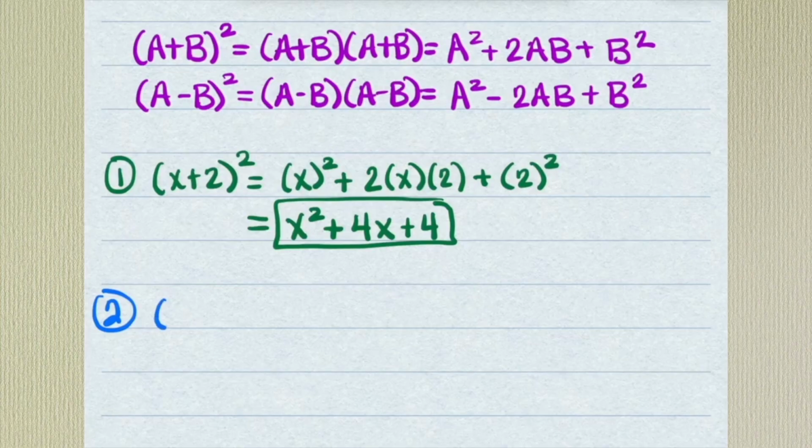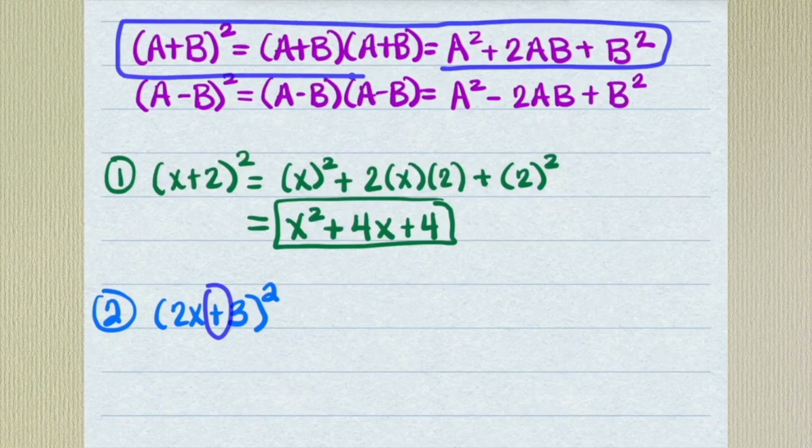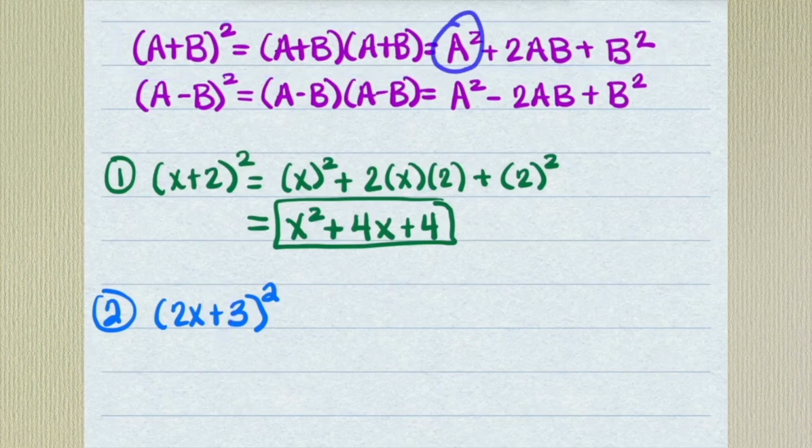Okay, we'll do this one. I have one with the subtraction too. This has a 2 on the term, so that way we can still follow it. The property says this is a plus, so we're using this one. Square the first, 2 times the first and the second, plus the square of the third.